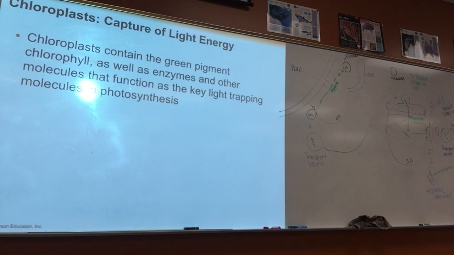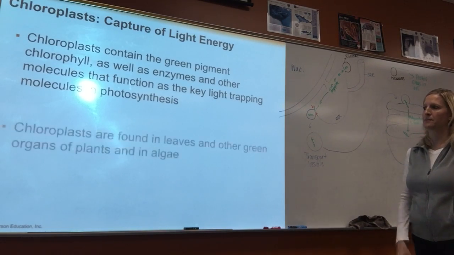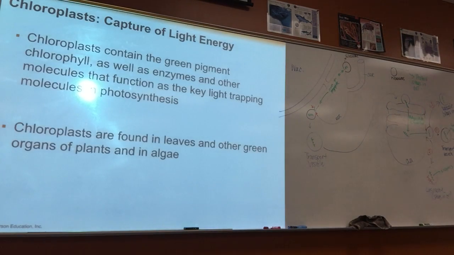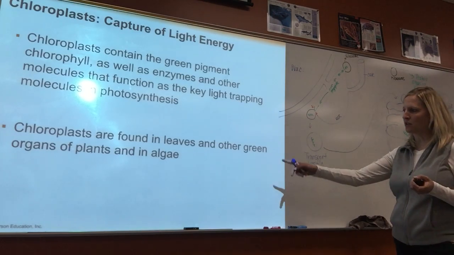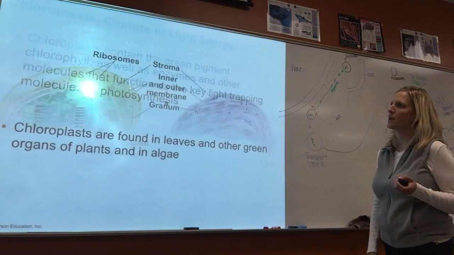It has all the other enzymes and stuff that's going to be needed for photosynthesis. So chloroplasts are found heavily in cells that are green, because they have so much chlorophyll in them. And so the leaves, a little bit of the stem, most of the photosynthesis occurs in the leaves of the plant. All right, algae as well.